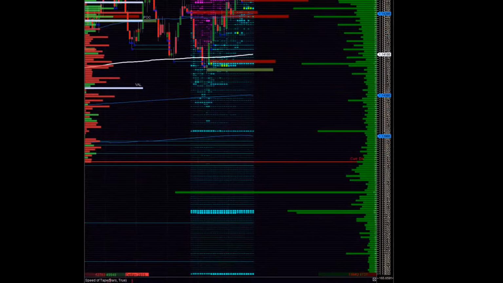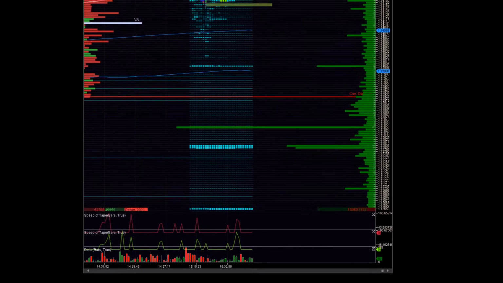Let me put the chart a little bit up so you can see it. Here on the bottom, where my cursor is right now, is the total amount of selling contracts. You see 10,900 and something, versus the total amount of buying contracts, which is 4,700 and something. Okay.